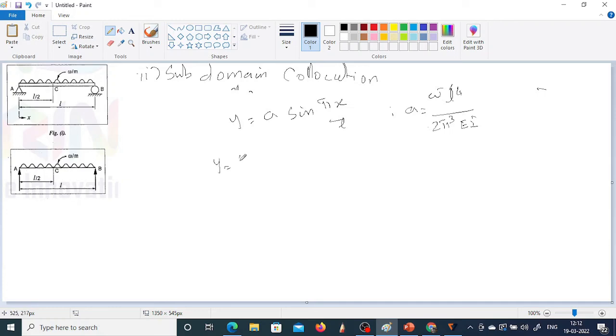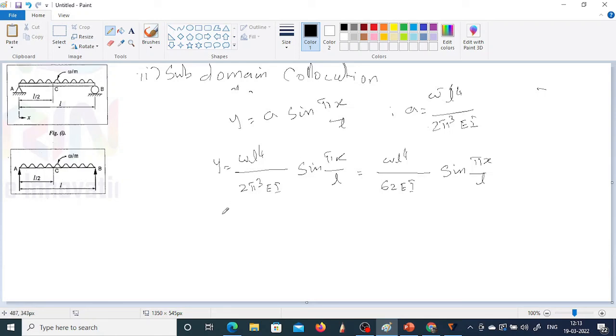So this A value is substituted in this trial function. I may get y is equal to WL power 4 divided by 2 pi cube EI into sine pi x by L. Here I simplify the pi cube value with the aid of a calculator. I can convert it to WL power 4 divided by 62 EI, after that sine pi x by L. According to our problem, the maximum deflection occurs at L by 2.